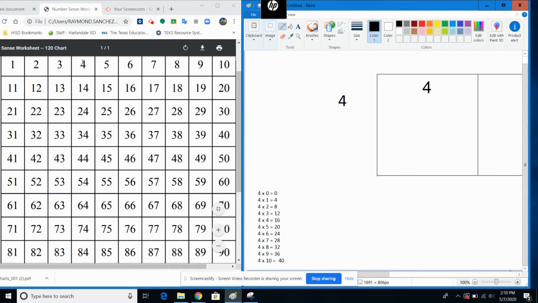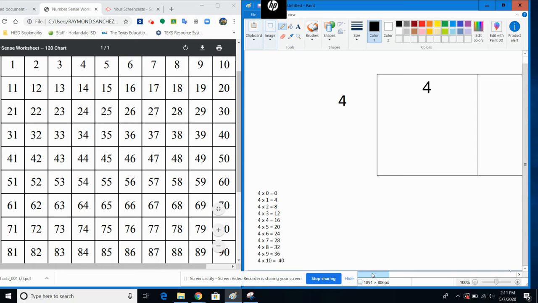So 4 more: 1, 2, 3, 4 is 8. 12, 16, 20, 24, 28, 32, 36, 40.